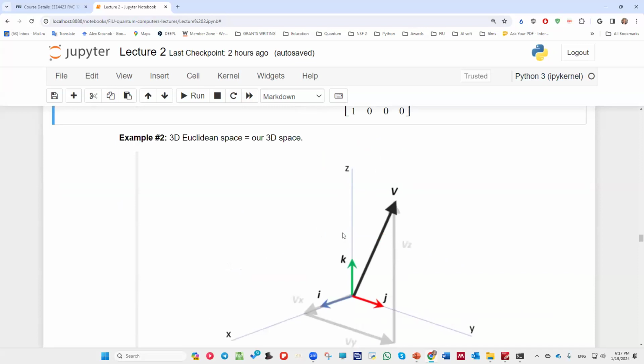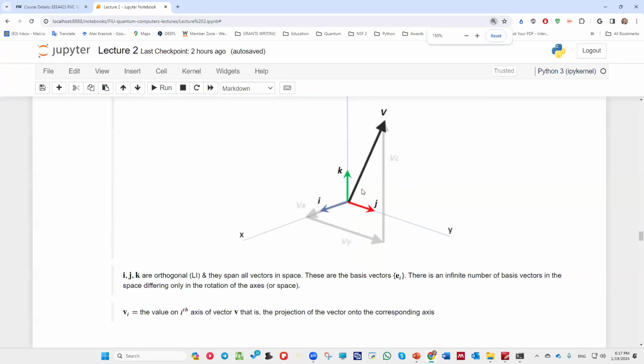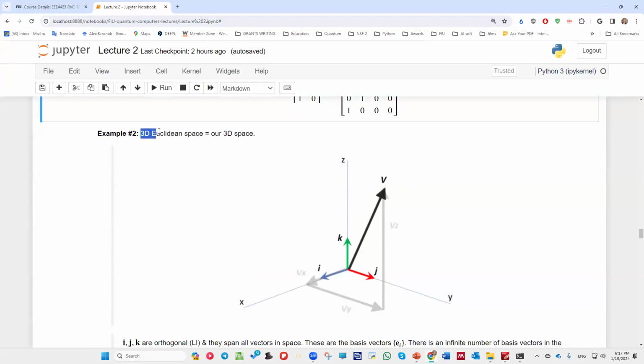Yeah, so let us consider a quick example. An example is about three-dimensional Euclidean space, which is simply the three-dimensional space we live in, right? We can introduce the axes, schematically presented by axes x, y, and z, right?